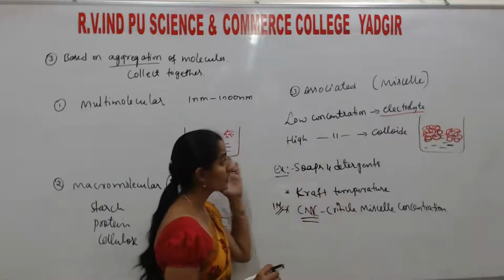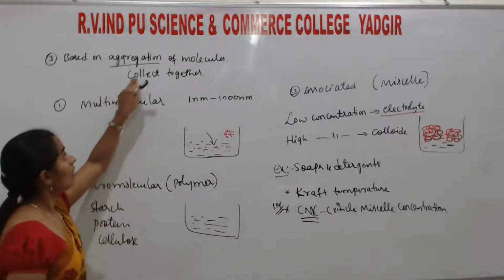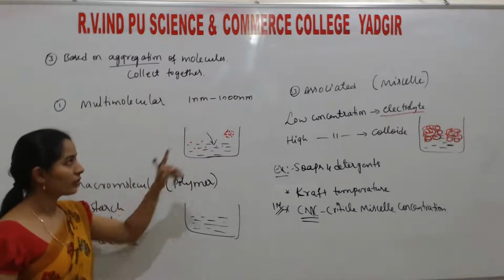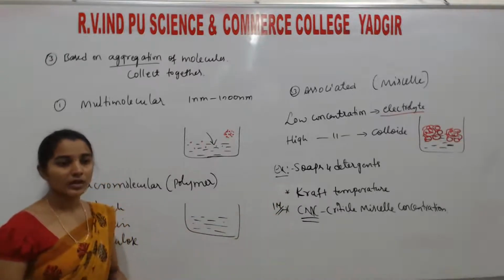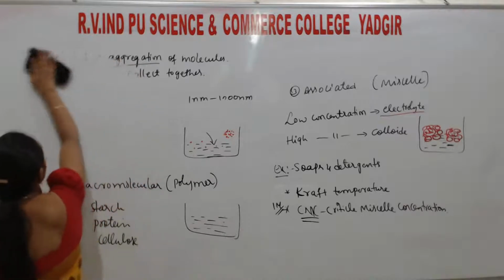Understand? So this is all about the types of colloids based on aggregation of molecules: multimolecular, macromolecular, and associated. This one is very important. The next one we will see is the mechanism of formation of micelle.